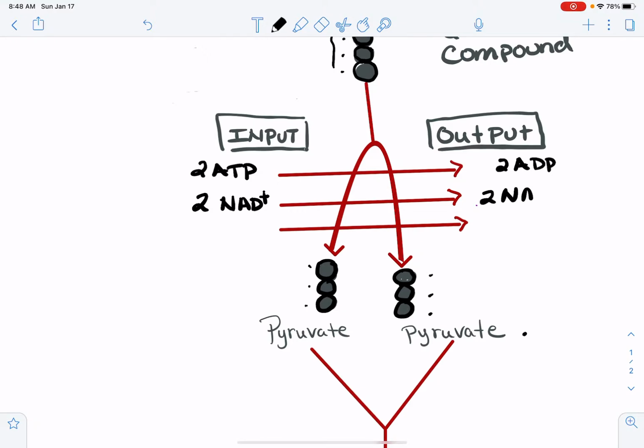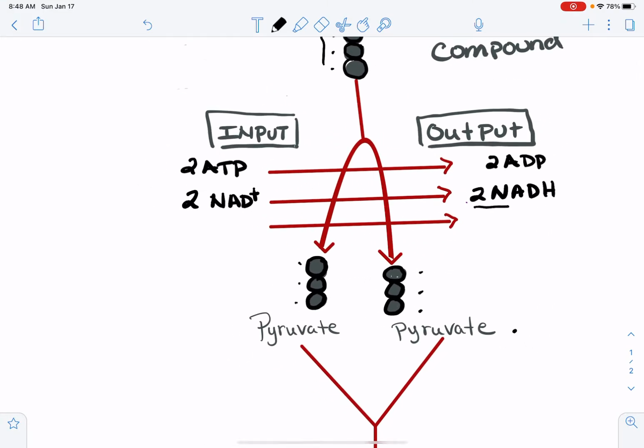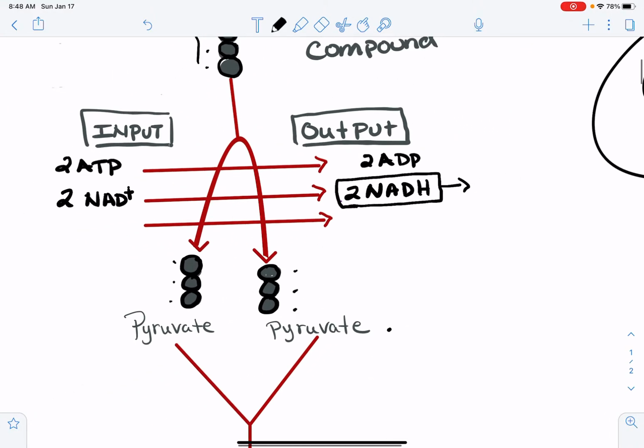And it's going to pick them up in the form of hydrogens, those happy hydrogens, in other words, they're charged with electrons, and it's going to carry them directly to our electron transport chain. I'm just going to abbreviate electron transport chain as ETC, okay?